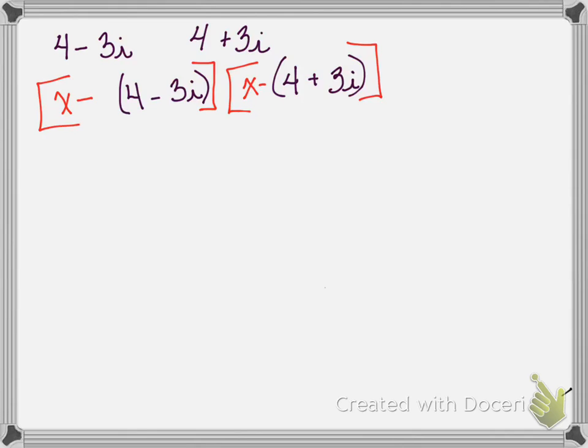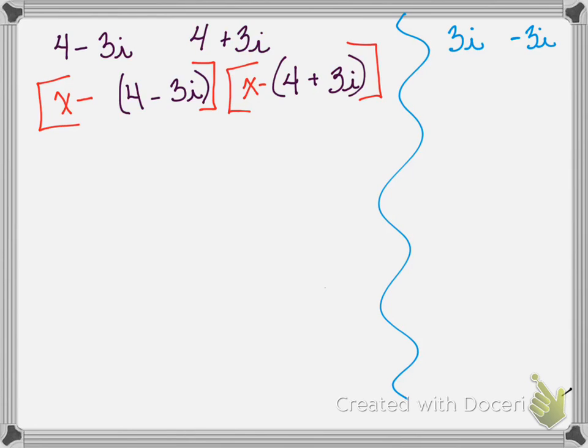So if I tell you that 3i is a solution, it has to travel in pairs. It has to have its conjugate. So its conjugate is negative 3i. Okay? So I'm telling you that 3i is a solution. You need to find the other solution, which is negative 3i, and then we're going to find the polynomial associated with this.